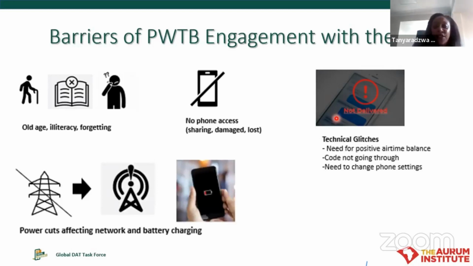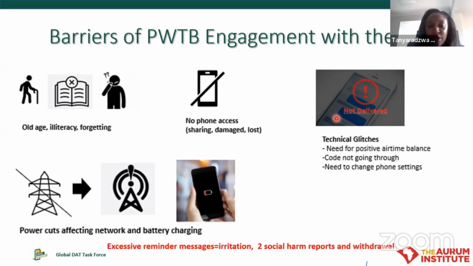And in South Africa, just to provide context, we are having a challenge of scheduled power cuts across the country. These power cuts affected network and phone battery charging, meaning the participants were not able to engage with the technology. Because of these challenges, participants received excessive reminder messages, which led to irritation.